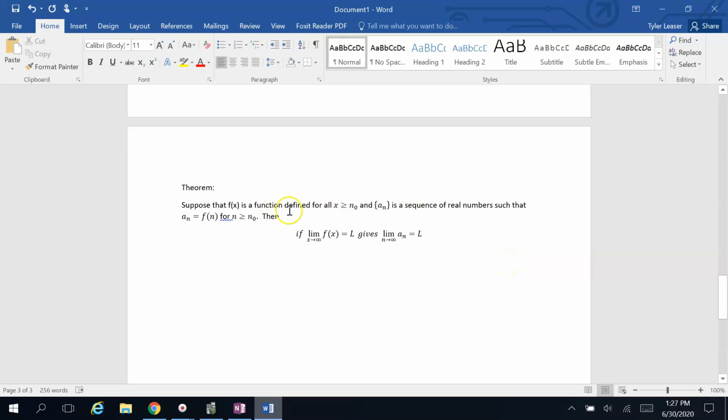Suppose that f of x is a function defined for all x greater than or equal to n sub naught, and a sub n is a sequence of real numbers such that a sub n equals f of n for n greater than or equal to n naught.